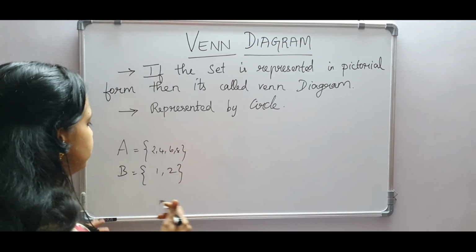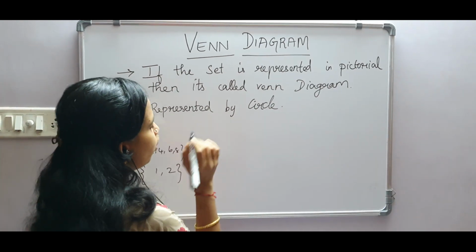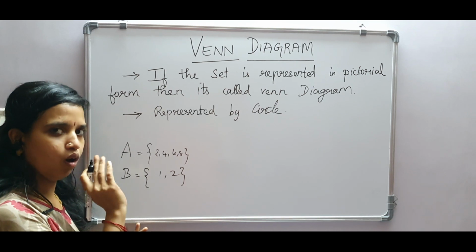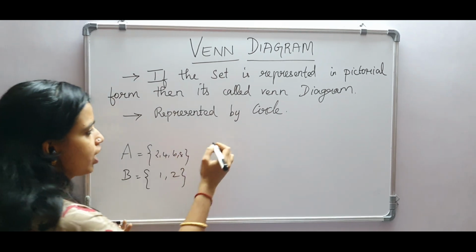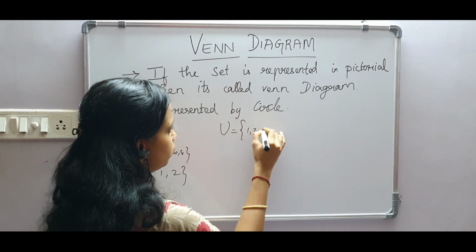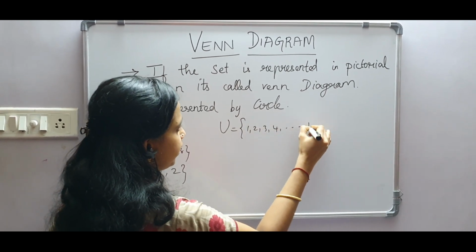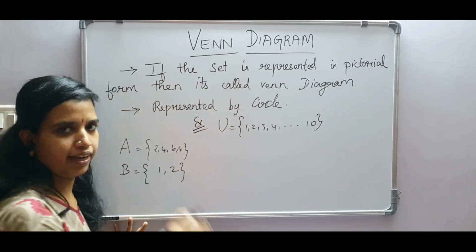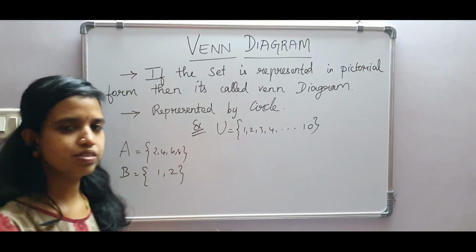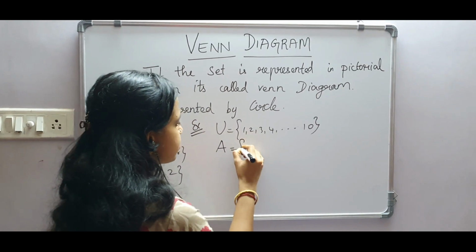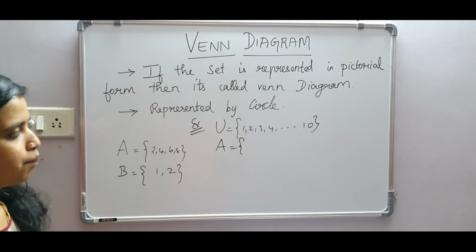Now let's see. You all know about the universal set. Universal set means the set of all possible outcomes. So we have one universal set, that is, the set of numbers 1, 2, 3, 4 up to 10. This is one example I am going to show for a Venn diagram. This is one universal set, and we are going to write the set of A elements, that is, prime numbers.